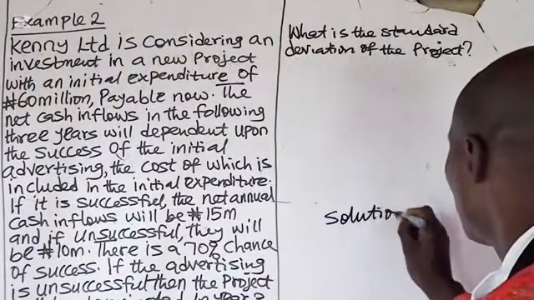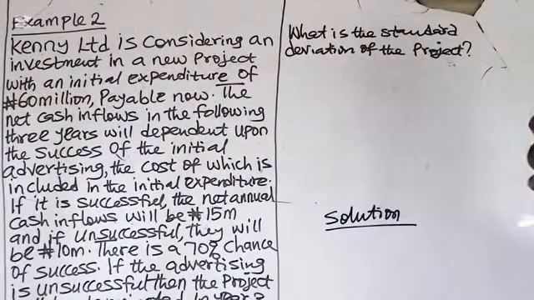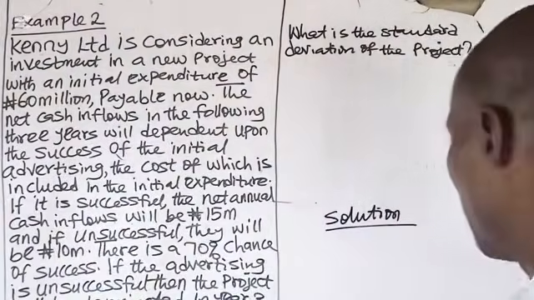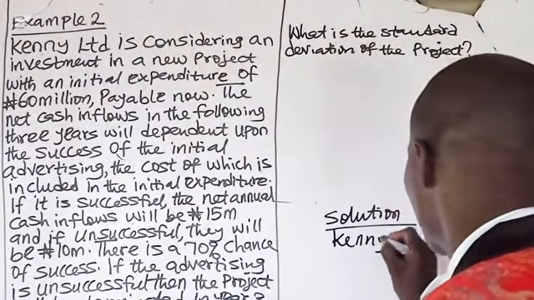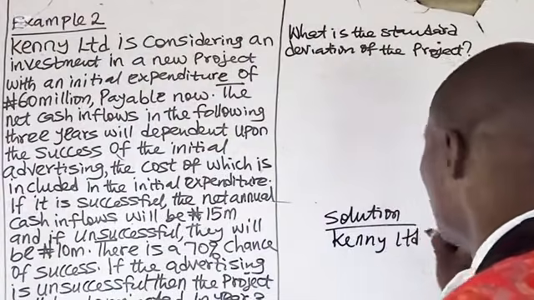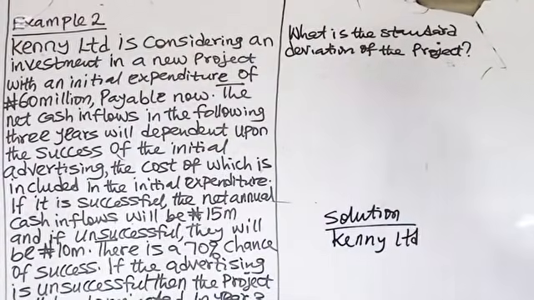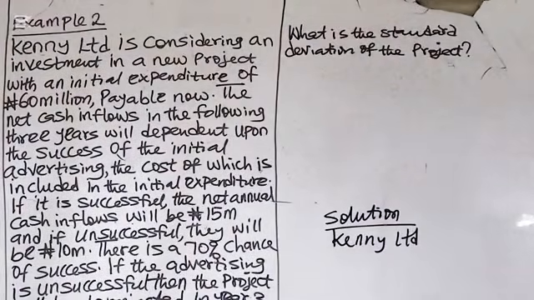The name of the entity is Kenny Limited. Kenny Limited is considering an investment in a new project with an initial expenditure of 60 million naira, payable now.